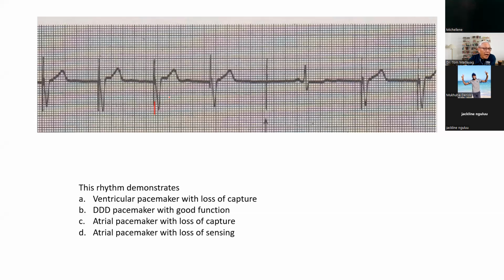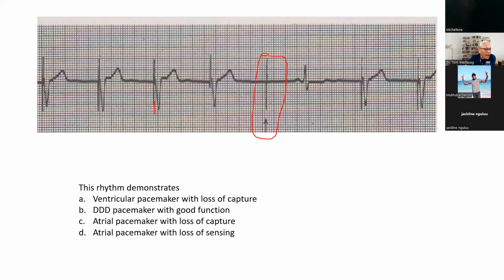So therefore, we have a ventricular pacemaker. However, we have a spike right over here. And as you could note, there is no complex that follows this particular pacing spike. This therefore suggests that there is a loss of capture.